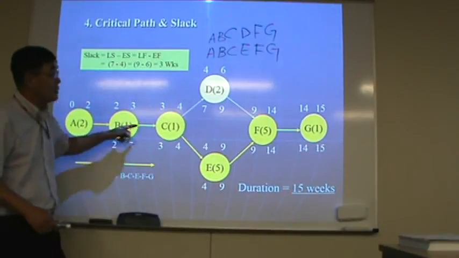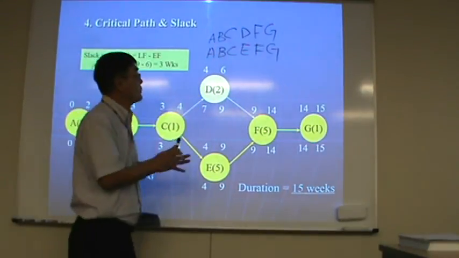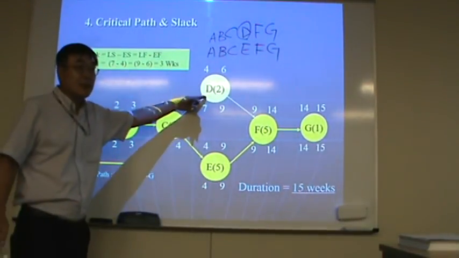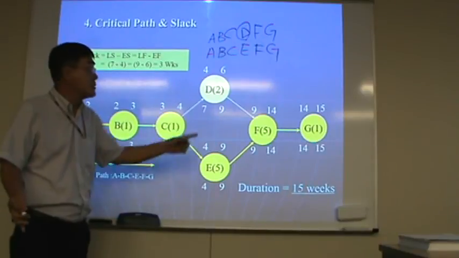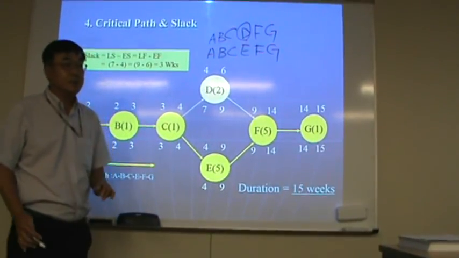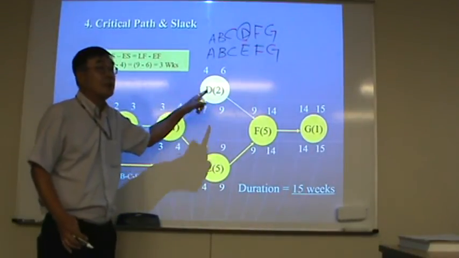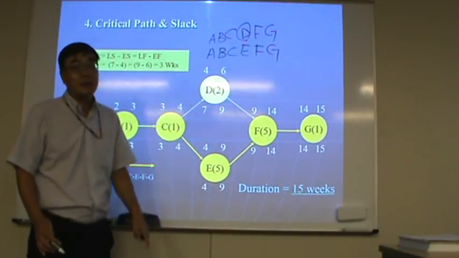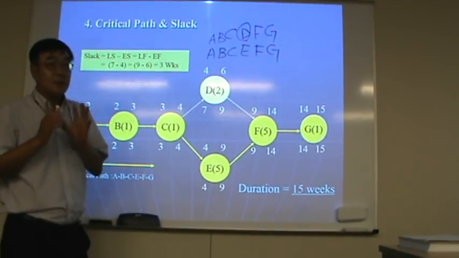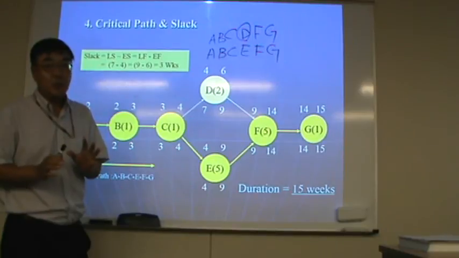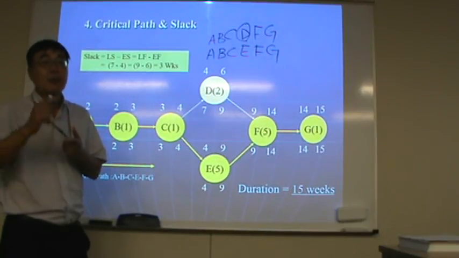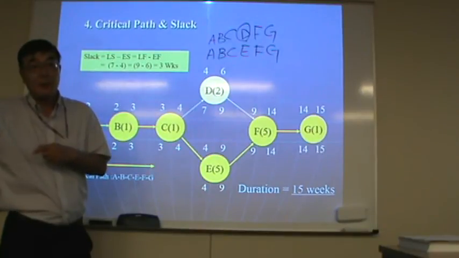But on the first path, D has slack. That means this activity is not critical, so we call it a non-critical activity. If a certain path includes a non-critical activity, that is a non-critical path.